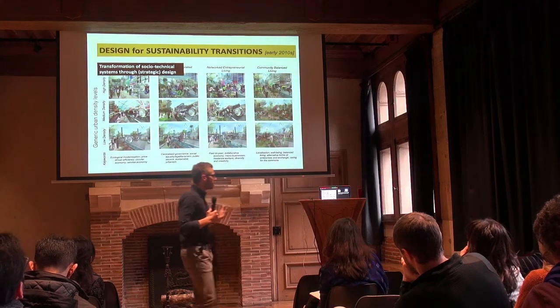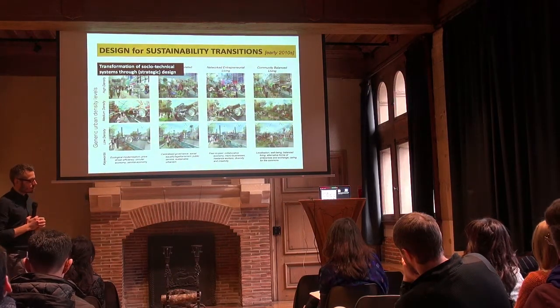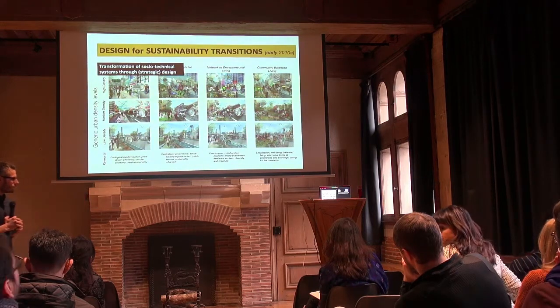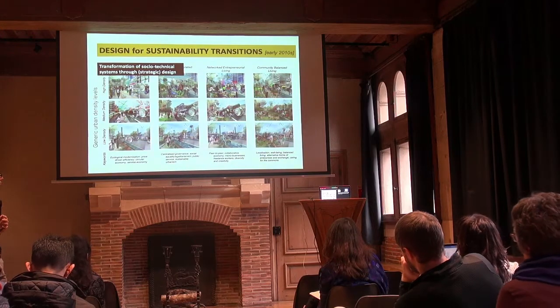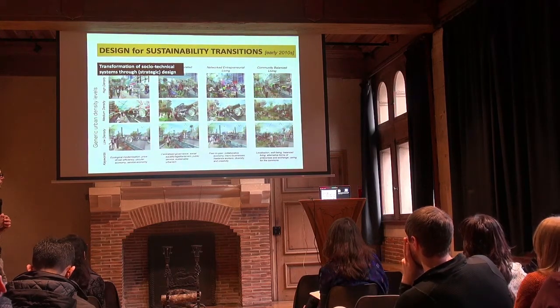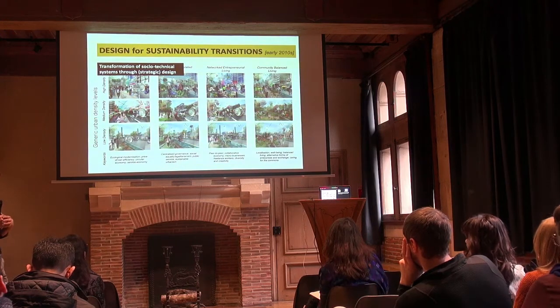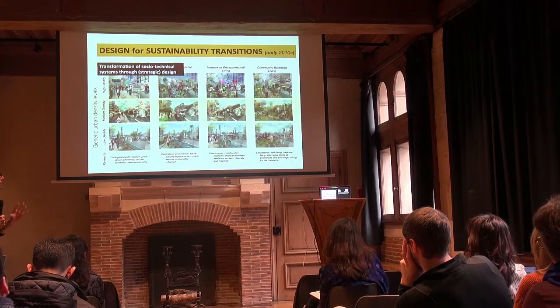There are many practical projects in which design for sustainability transition has been applied. I'm sure Edith will provide more examples later, but this is a project in which she was involved called Vision 2040. It was about developing visions of sustainable cities in Australia, looking at different aspects: mobility, food and energy.